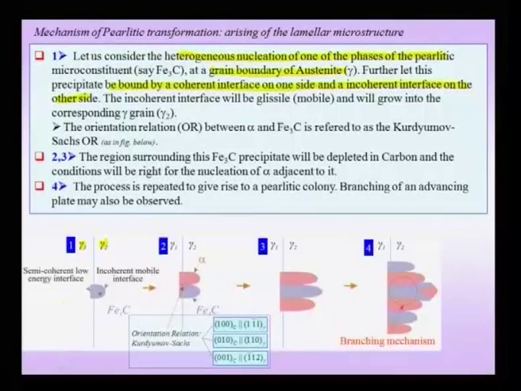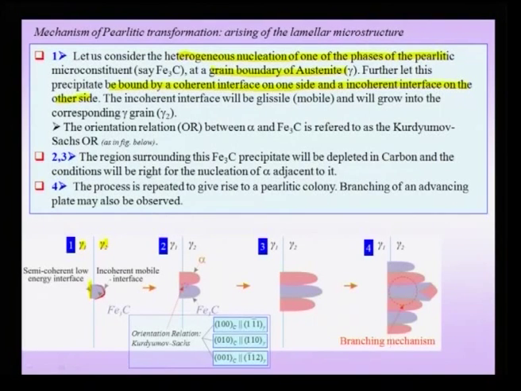Now, an interface being coherent or semi-coherent has important consequences in terms of the strain energy involved. It also has important consequences for the chemical energy involved: a coherent interface has a lower chemical energy, but a higher strain energy. Also, suppose I have a semi-coherent interface on this side and an incoherent interface on the other side, for the gamma and Fe3C interface.